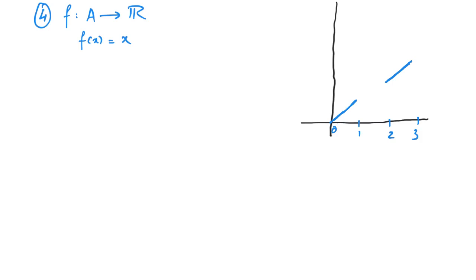Let us see if this function is continuous with respect to our definition. Here again, it is easy to see that f of xn is equal to xn. So if xn converges to c, then f of xn also converges to c. So because of this, from the sequential criterion, we have that f is continuous.